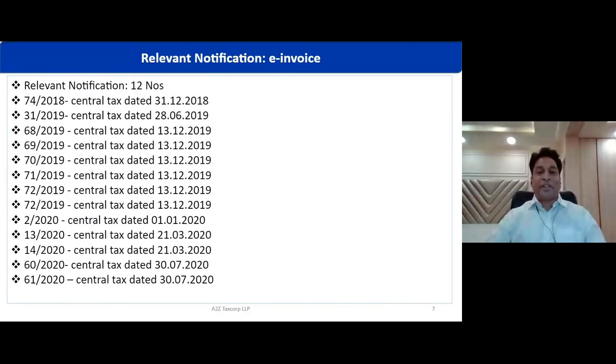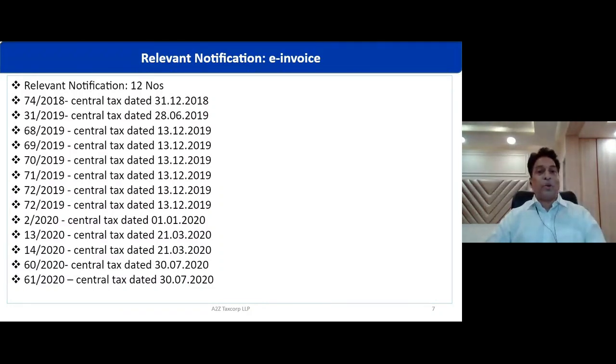So a lot of you would be thinking, and this question must be in your mind, whether this e-invoice provision is going to be applicable from 1st of October 2020. To my mind, as on date, it looks like there is a real possibility that it is going to be 1st October 2020.